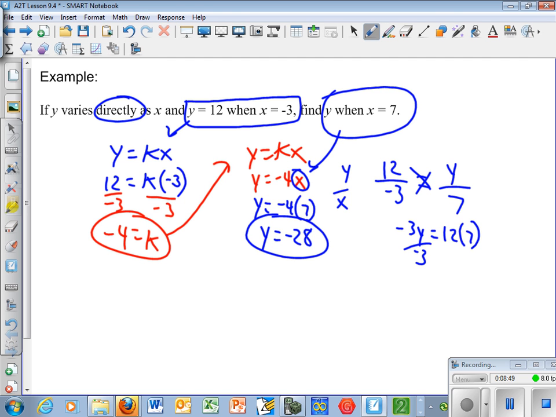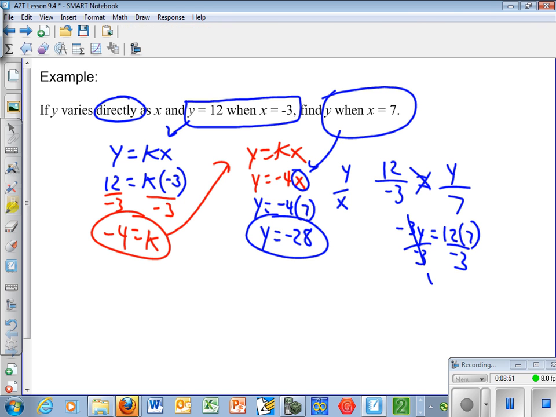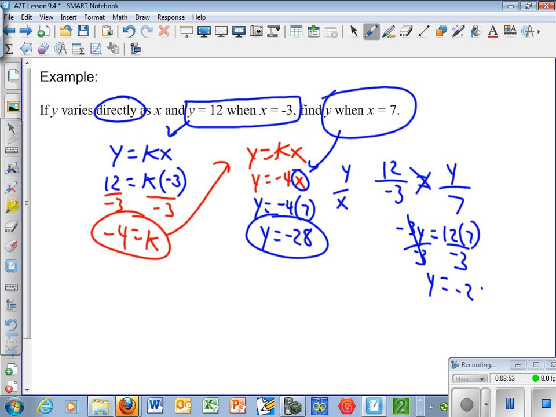I would divide by negative 3. If you actually calculated this out with a calculator, you are going to get negative 28. With direct variation, you could set up a proportion. That's not going to work for the other ones because they aren't direct proportions. Just another way to do it. If you took 12 times 7 divided by negative 3, it would be negative 28.